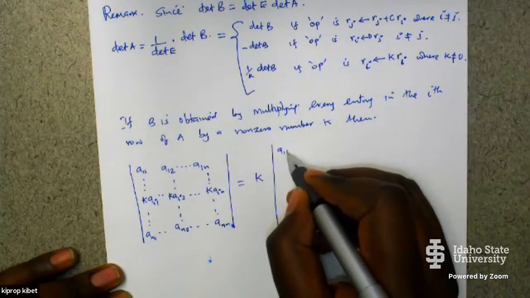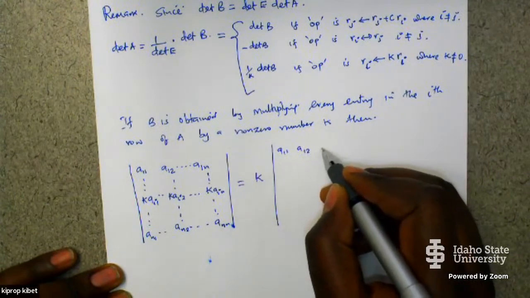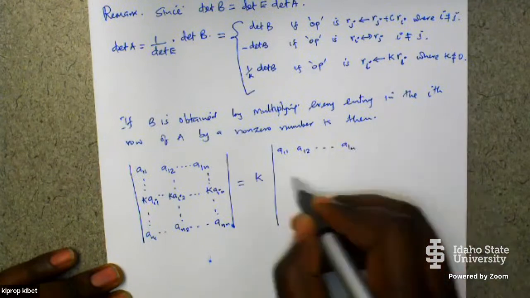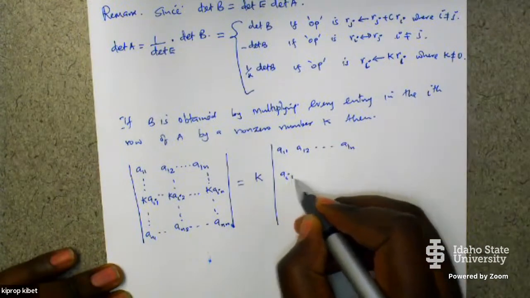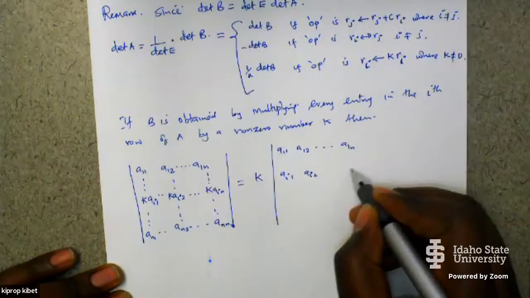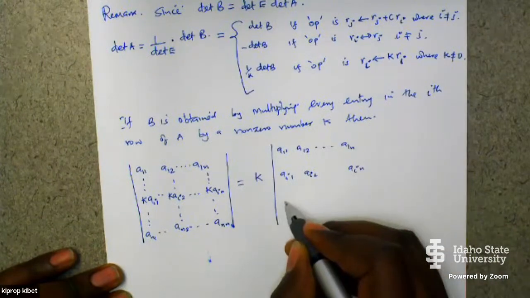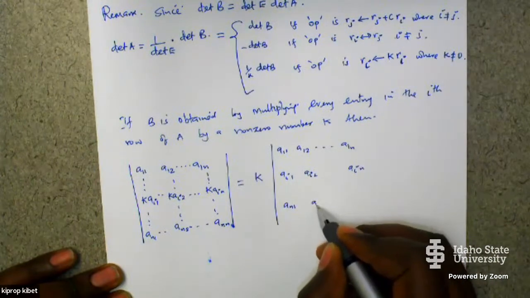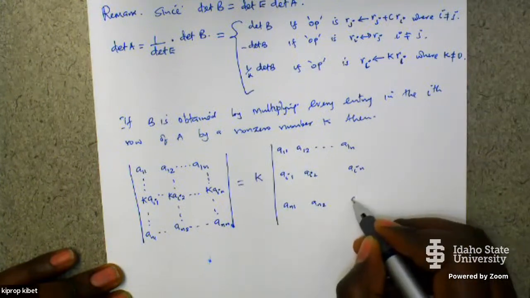We get K times the determinant of the matrix with rows A11, A12, ..., A1n, Ai1, Ai2, ..., Ain, An1, An2, ..., Ann.